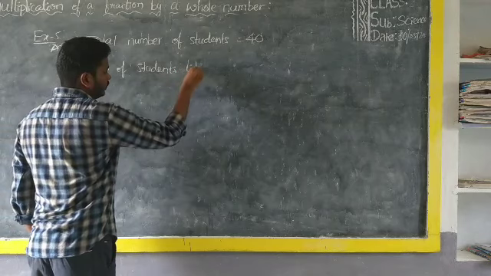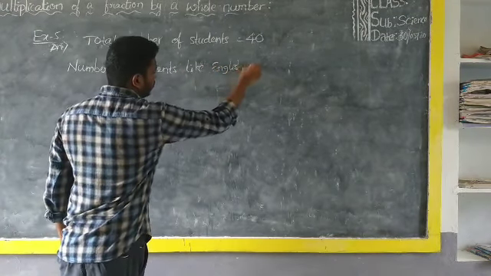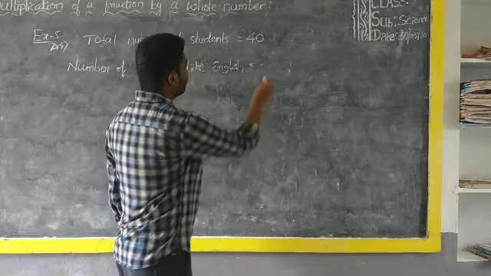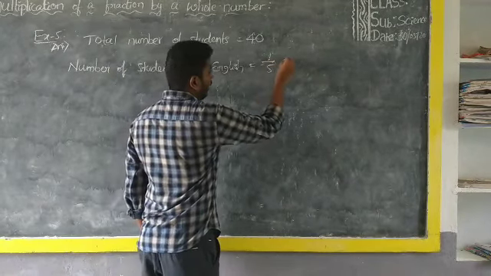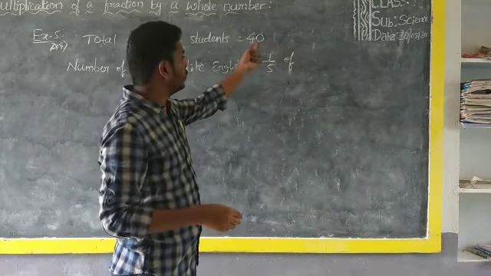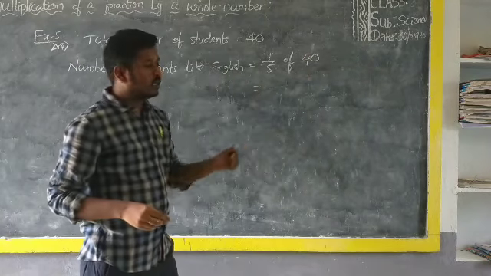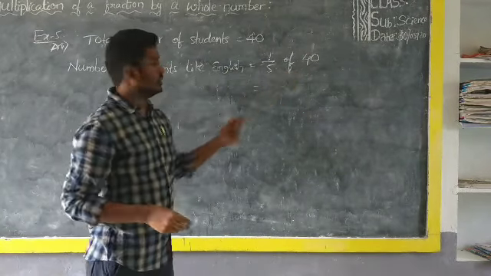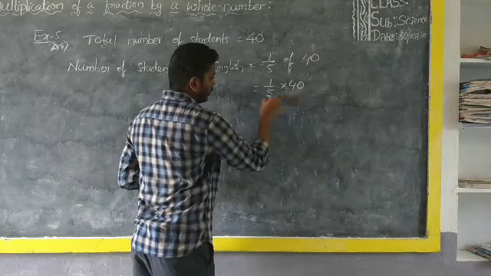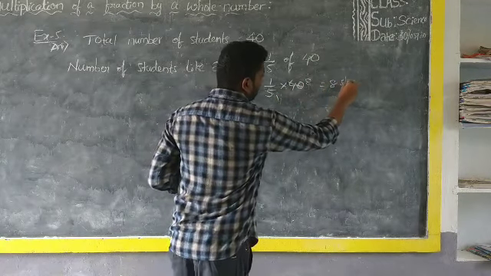Total number of students, how many? 40. So here "of" indicates multiplication. So I can write 1/5 into 40. 5 1s are 5, 5 8s are 40, so 8 students.